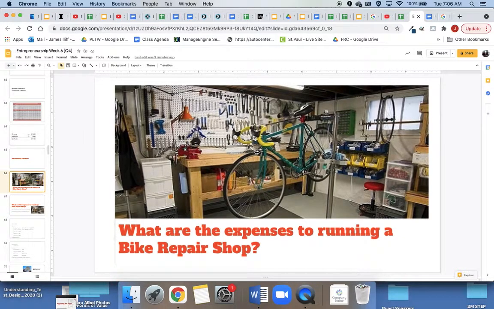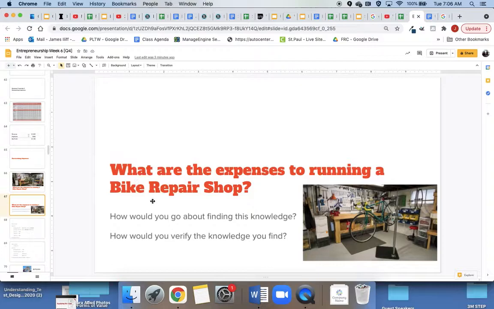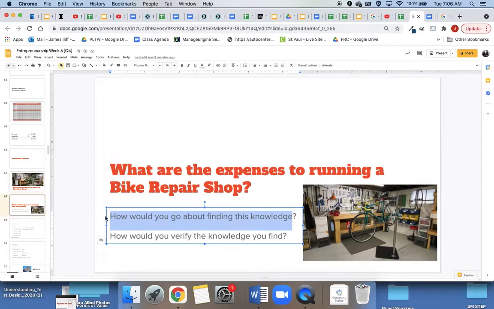Why would you know that? But if you were going to start this and you wanted to build a financial model that was accurate, you would have to really understand what all the expenses are. And so how would you go about finding this knowledge? And then once you found it, how would you verify that it's true?